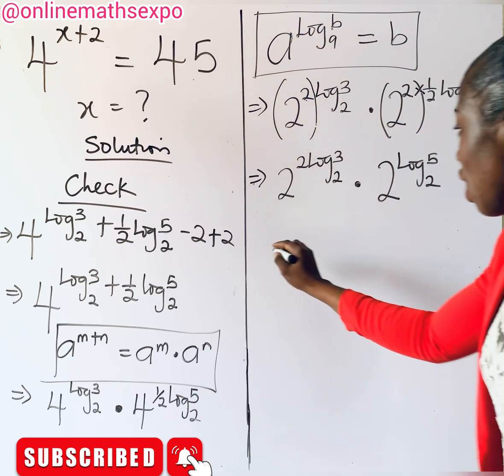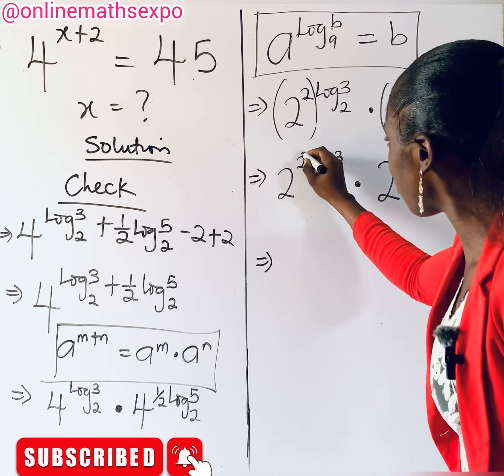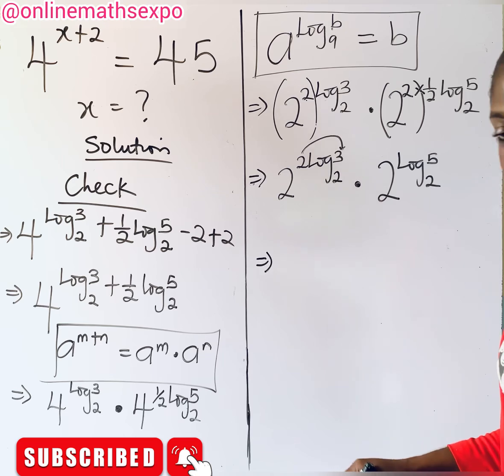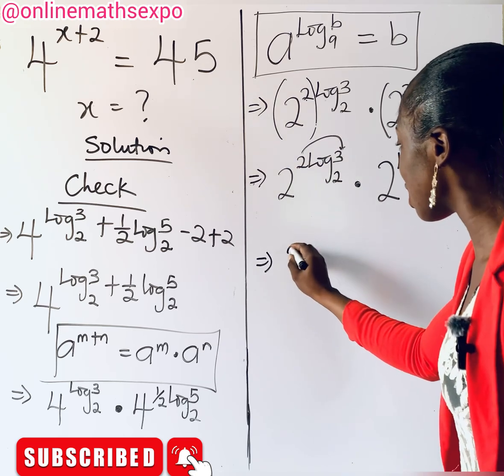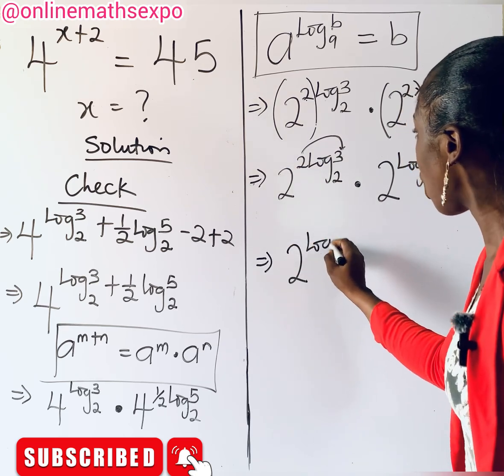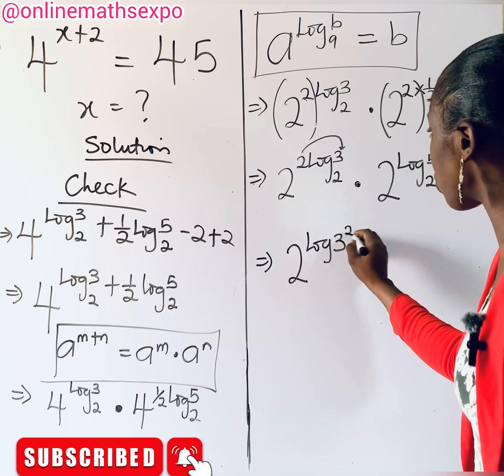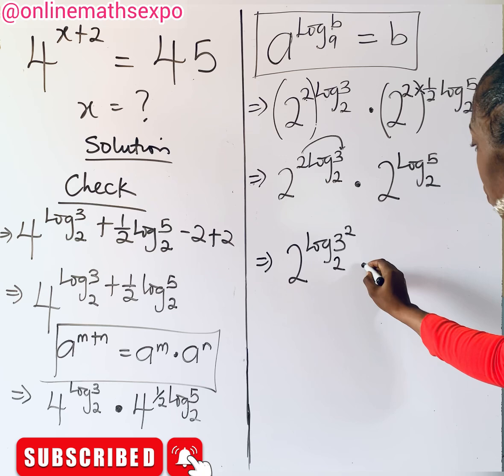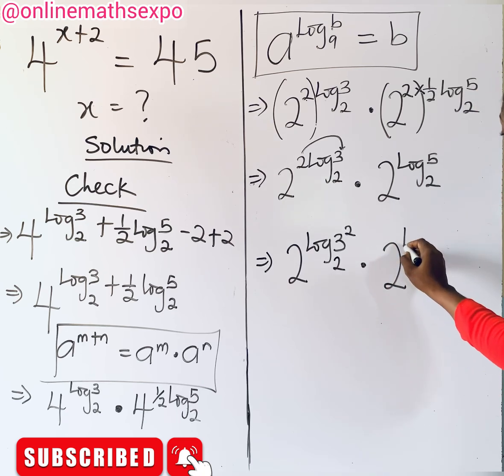Let's remove it. So the coefficient always becomes the power of the number. I hope you have not forgotten. So this is giving us 2 raised to power of log of 3 raised to power 2, then multiplying 2 raised to power of log of 5 base 2.